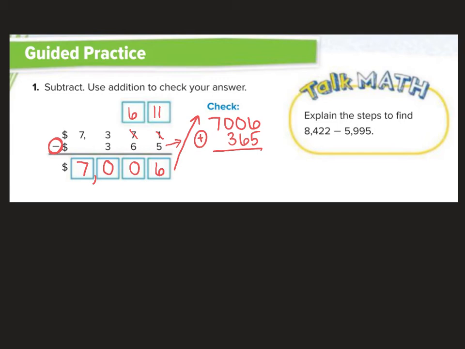Okay. 6 plus 5 makes 11. 6 plus 1 makes 7. 0 plus 3 makes 3. And 7 plus 0 is 7. Do they match? 7,371. 7,371. Check. They match. All right, let's do one more just to make sure we've really got it.